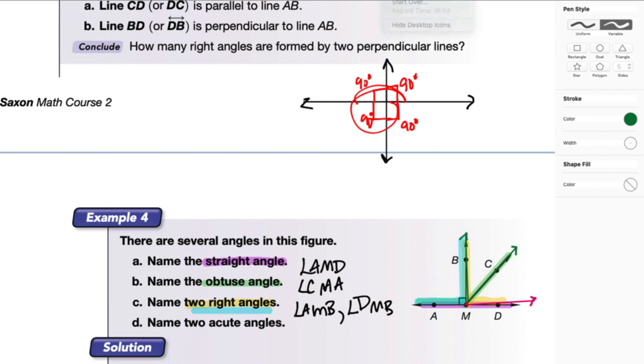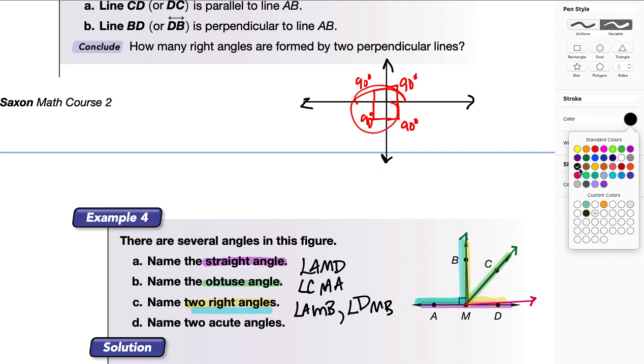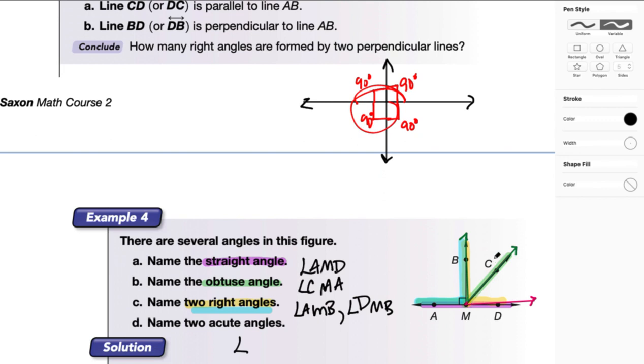So naming those two angles that we just showed were acute, we will call them angle BMC and CMD. All right, so hopefully that's making good sense.